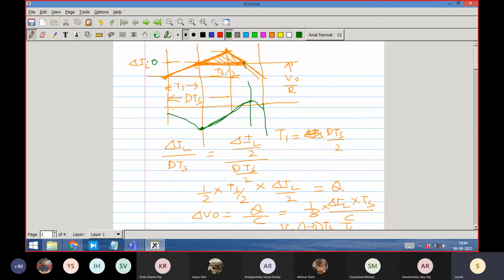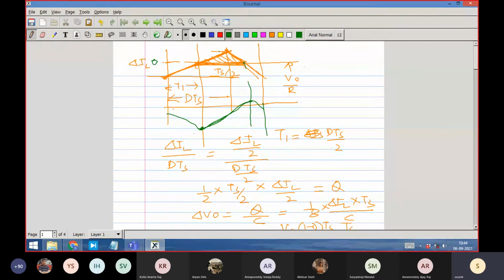Since this is negative, it will fall. Since this is positive, it will rise. So how much is the voltage increase? Ultimately, delta V naught, the voltage increase during this period, is the total voltage decrease in the remaining period. In this simple case, it is the amount of charge that has gone in divided by the capacitor C.